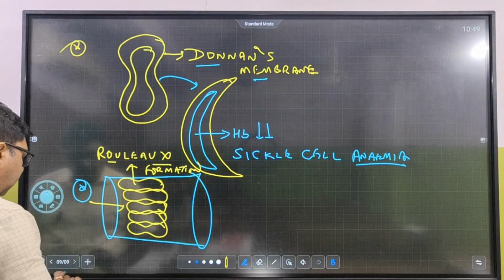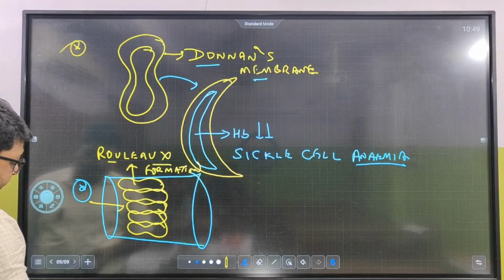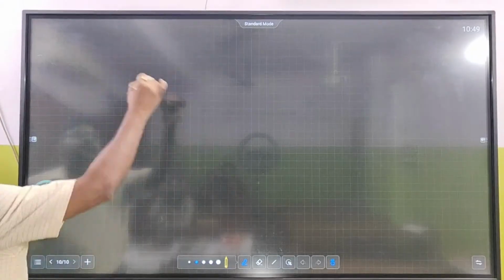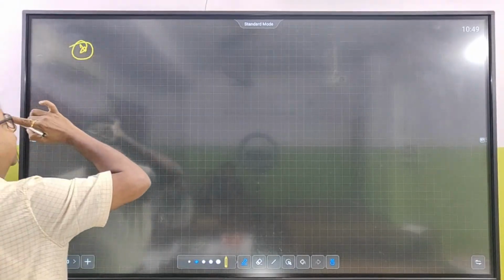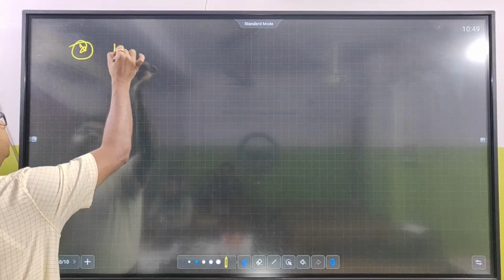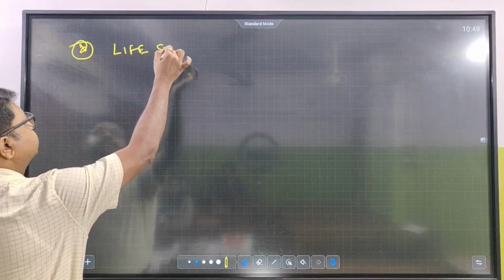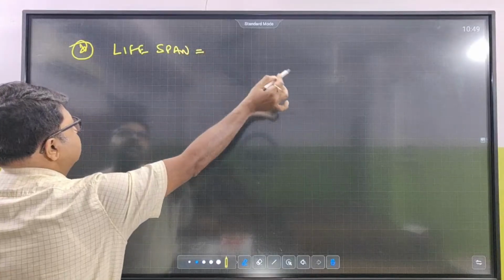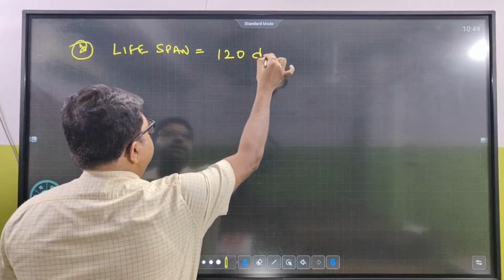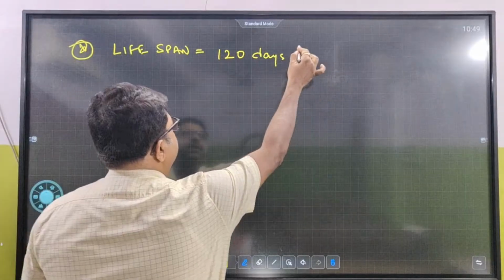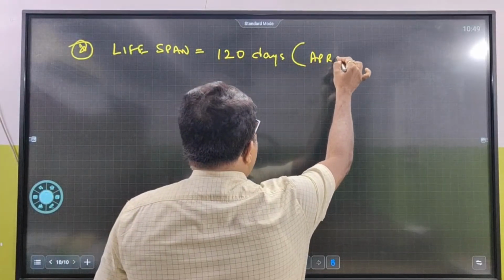Now, what else about RBC? When it is formed inside the bone marrow, definitely it should have some lifespan. And what is the lifespan of RBC? It is approximately 120 days.